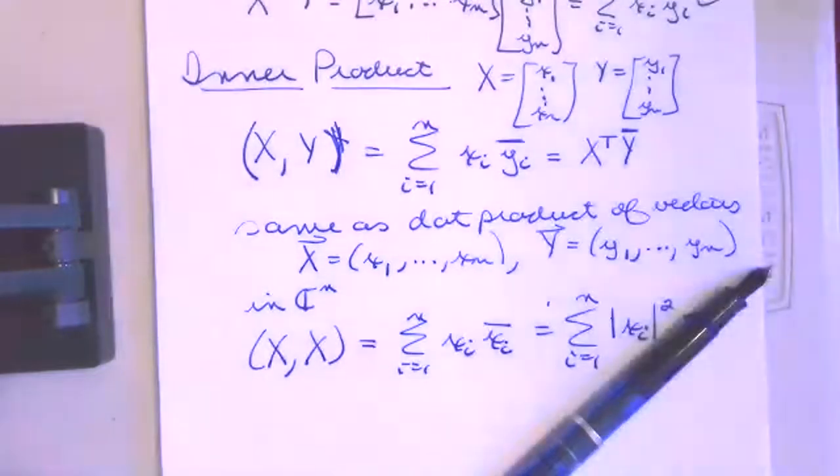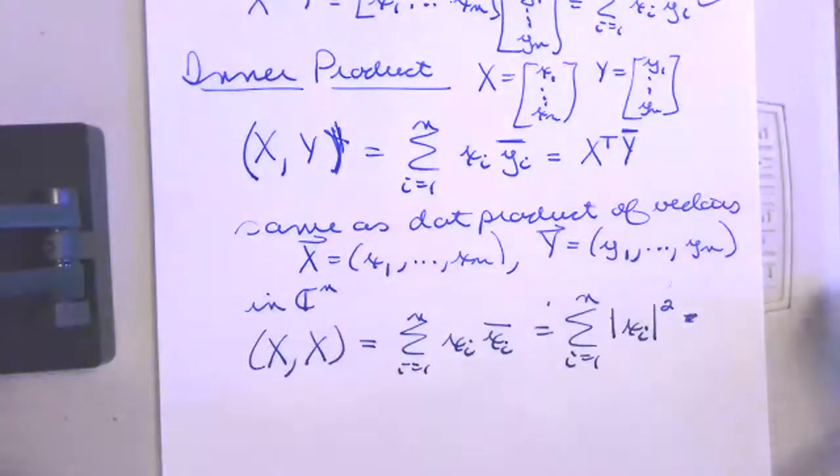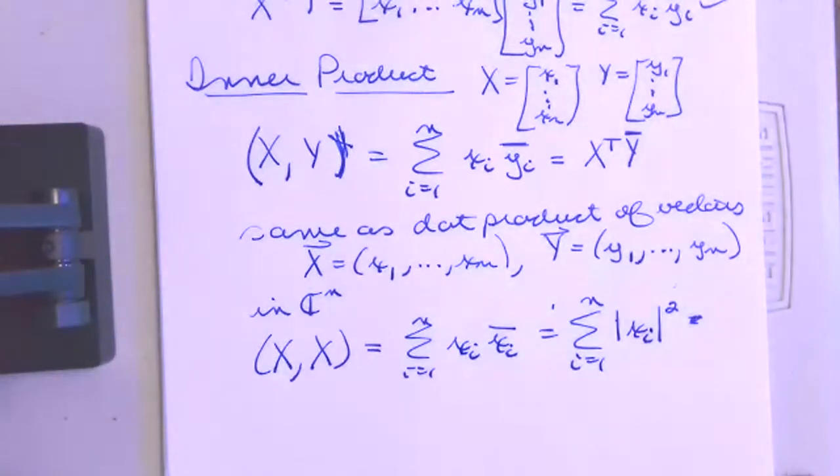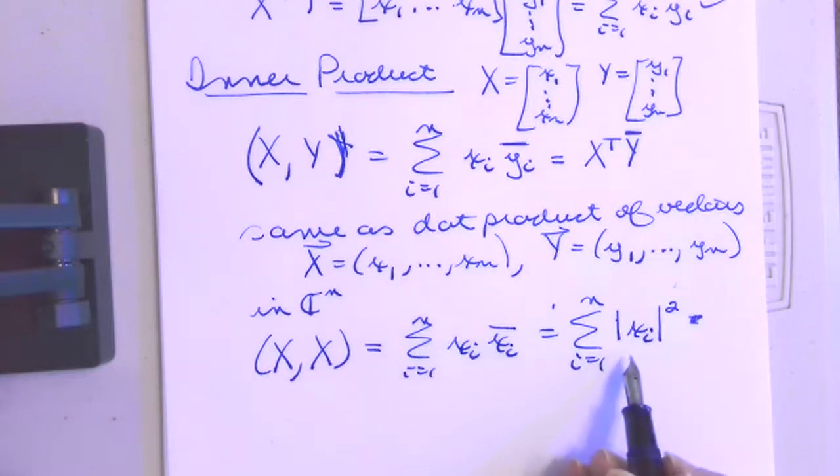Okay, so that's the usual dot product of a vector in Rn or Cn, depending upon how you like to think of it. If you don't have complex numbers, this is just the absolute value of xi squared. So that gives you the length of the vector.